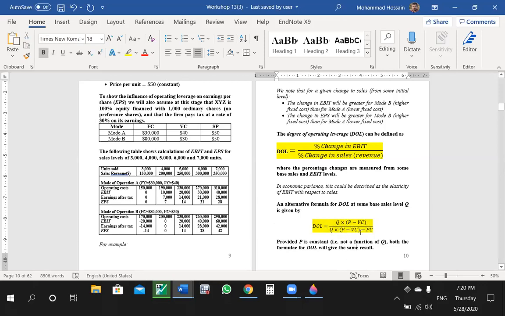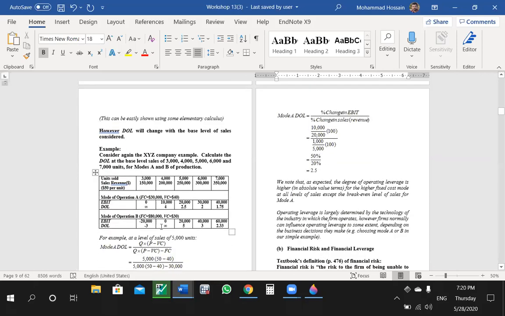Divided by total contribution minus fixed cost, which is profit. So it's also contribution divided by profit. That's the extra equation you got here.